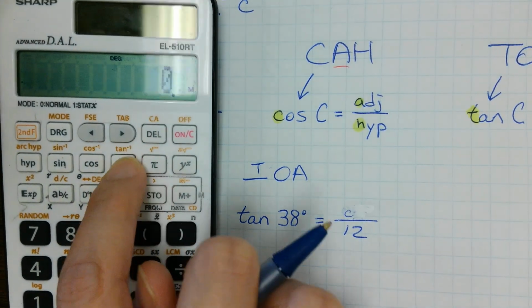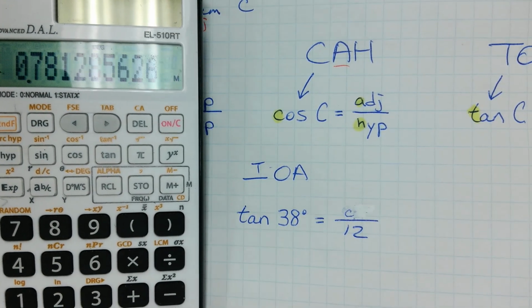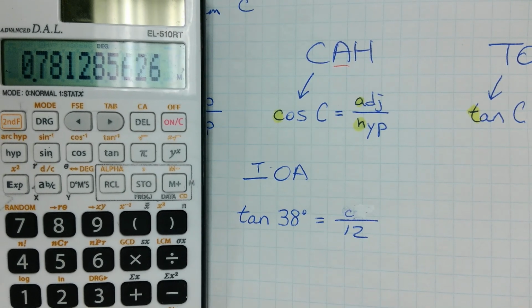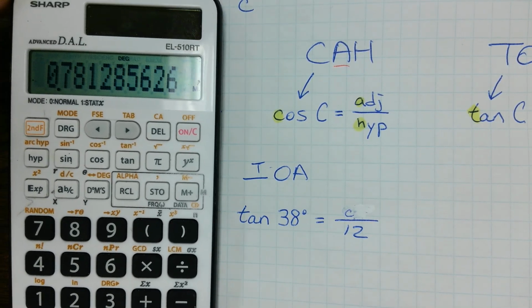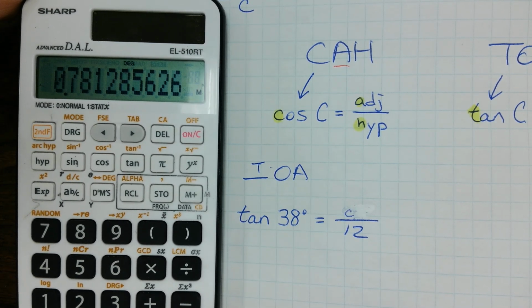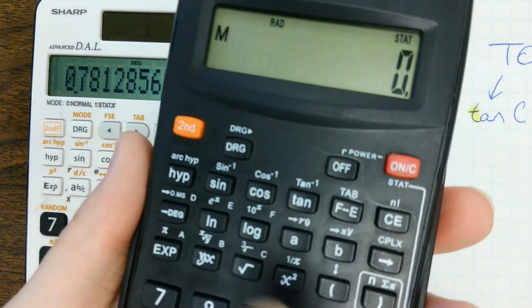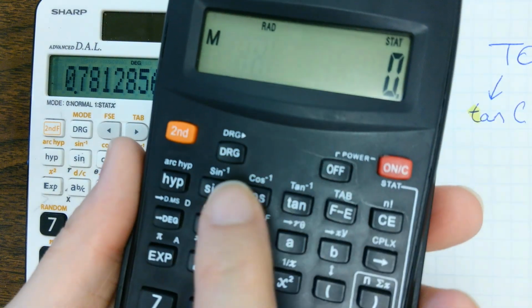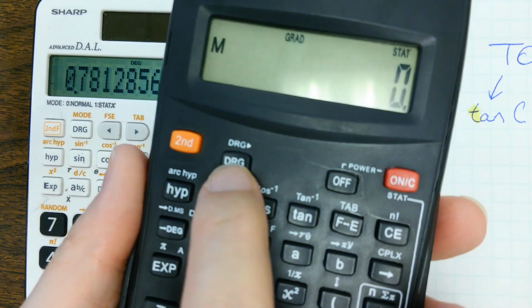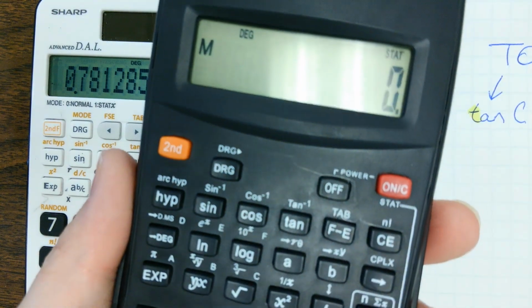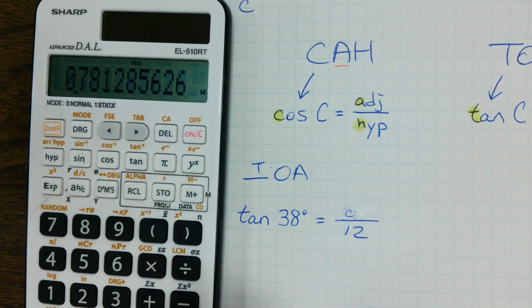Okay, so tangent 38, I should get this decimal. Miriam, what does it say on the top? Rad. So that's the wrong mode. So for hers, notice it says rad right here. She has to press this button, degree mode, until it says degree. Okay, there you go.